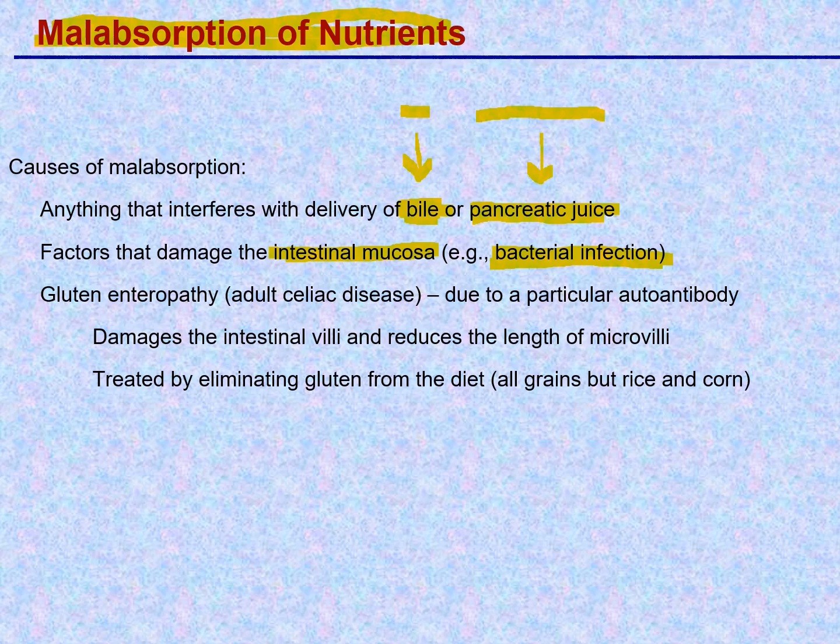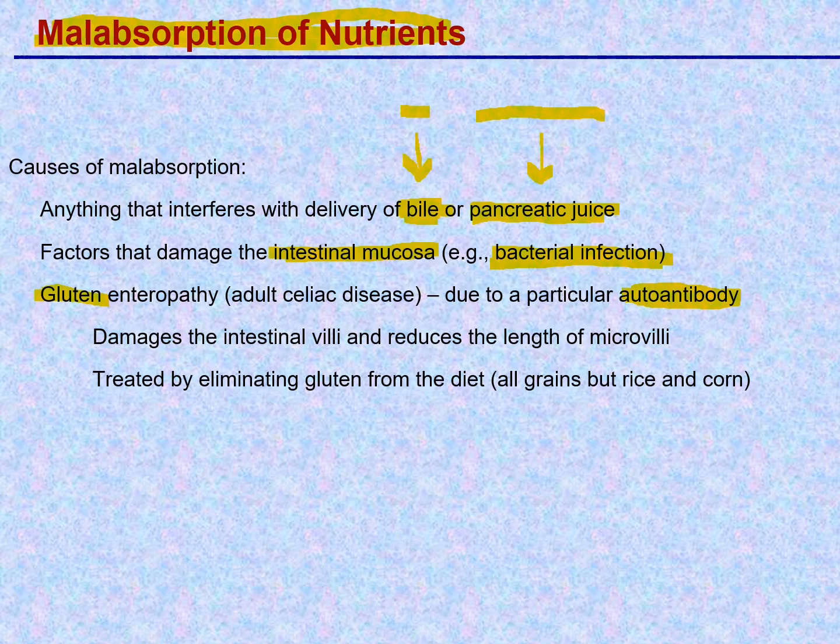A lot of people now are interested in gluten. Gluten happens to be a protein associated with certain starch products, I guess, but all sorts of people think that they have to have a gluten-free diet. There's only a small percentage of the population which has a particular autoantibody, an antibody against self molecules, and it's only those people who have to have a gluten-free diet.